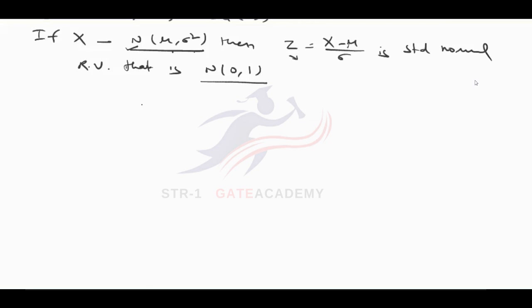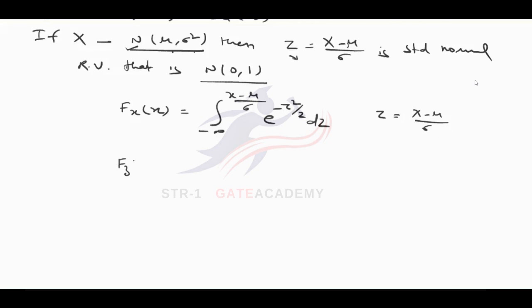We can write the expression for this, from minus infinity to (x minus mu) upon sigma, e power minus z square dz, where z and x are related by z equals (x minus mu) upon sigma.